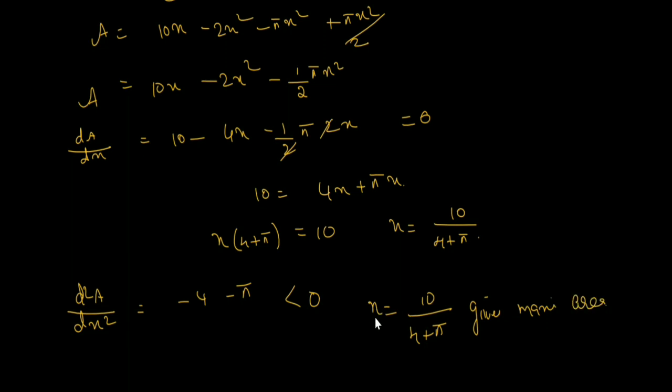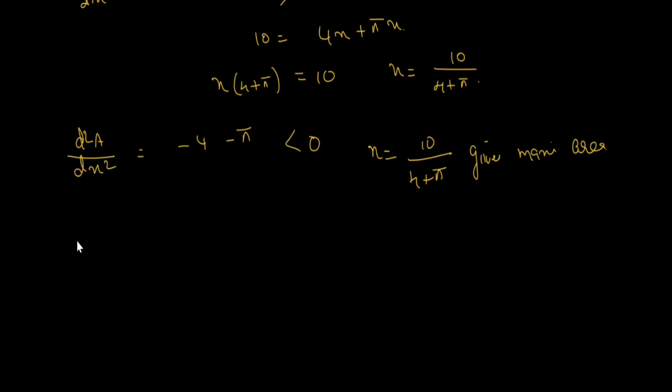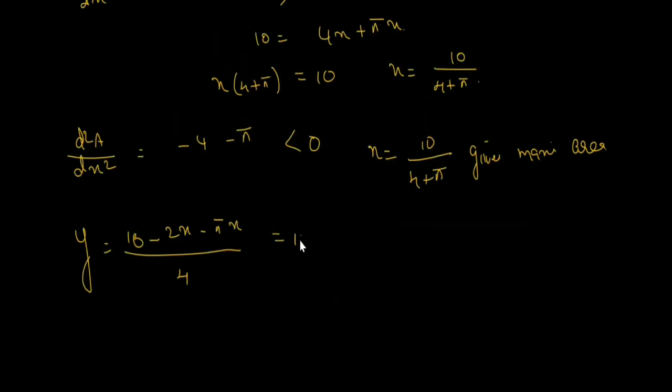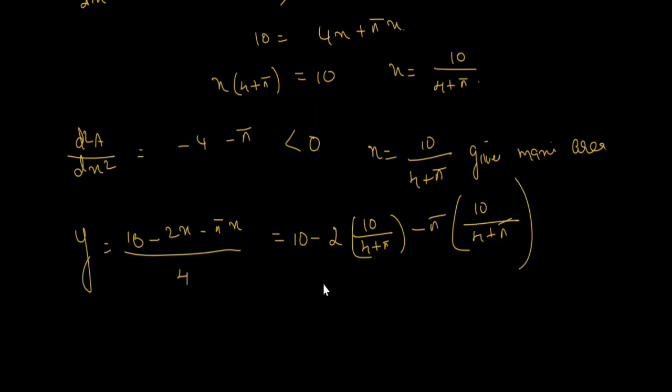So when x is equal to 10 by 4 plus pi, we have to find y. y is equal to 10 minus 2x minus pi x by 4. That is 10 minus 2 into 10 by 4 plus pi, minus pi into 10 by 4 plus pi, all divided by 4.